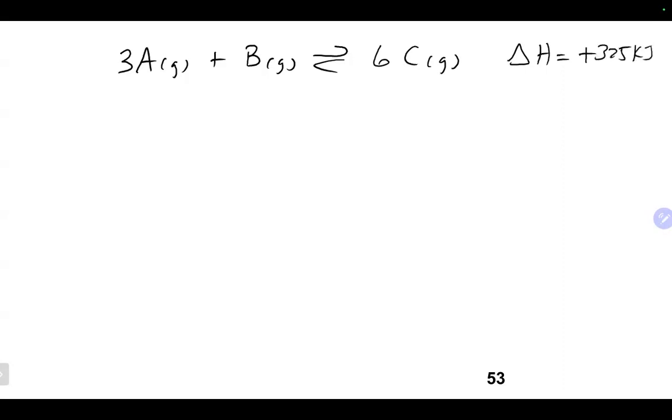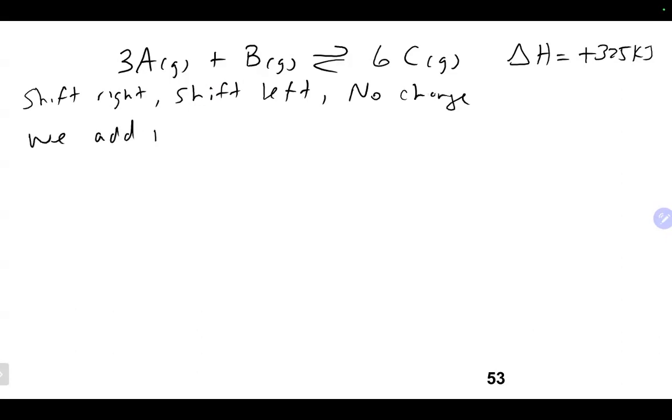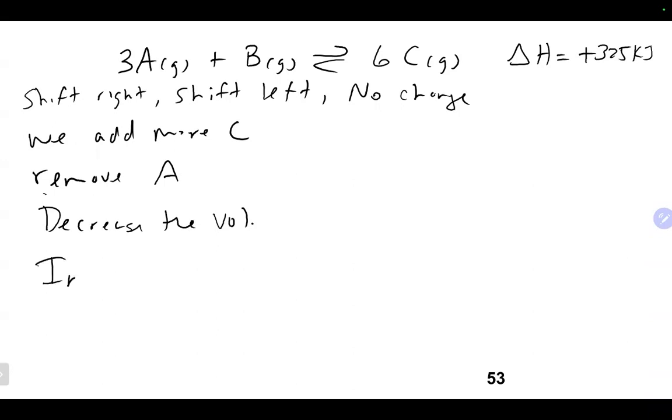For this reaction, tell me, will it shift to the right, shift to the left, or will there be no change if we add more C, we remove A, we decrease the volume, we increase the temperature, we decrease the pressure.